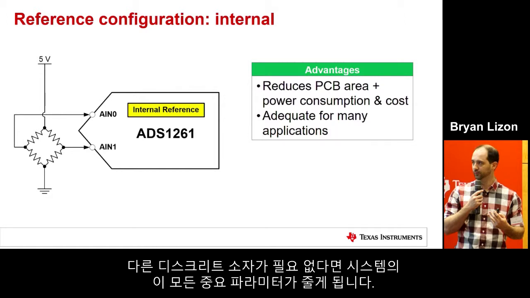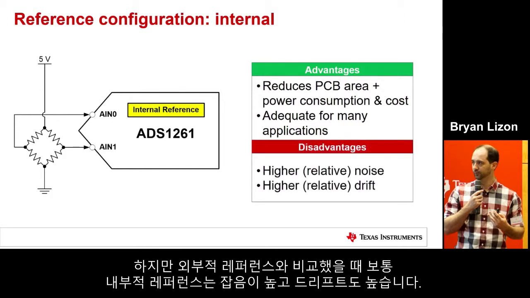If you don't need another discrete component, then it reduces all of these important parameters for a system. However, relative to an external reference, the internal references generally have higher noise, and they have higher relative drift.